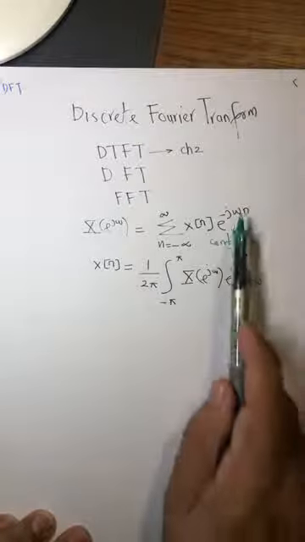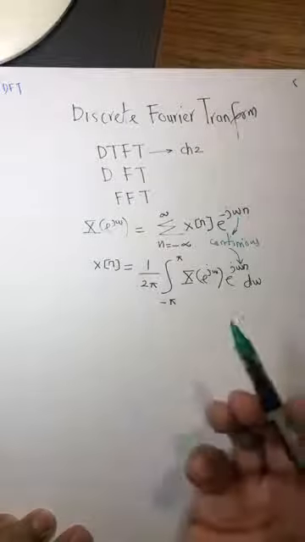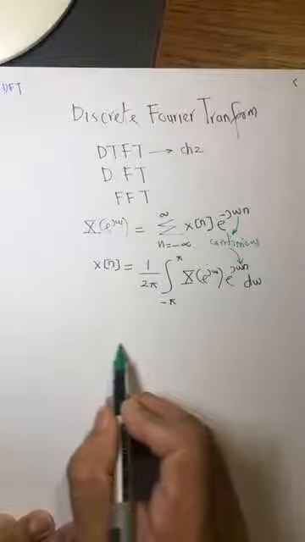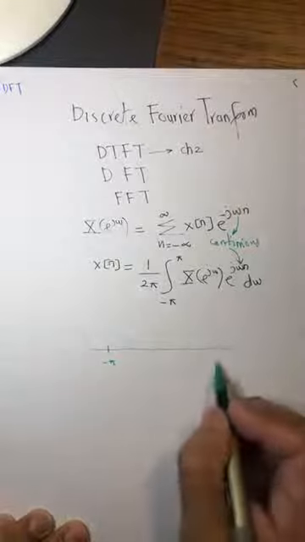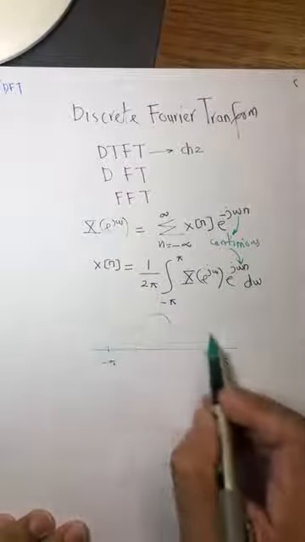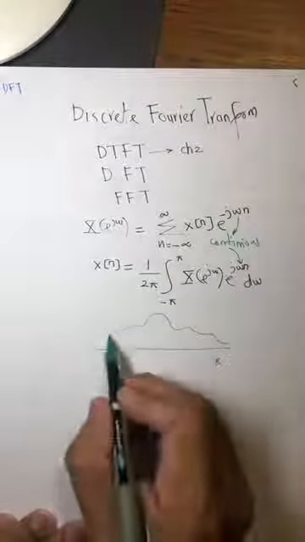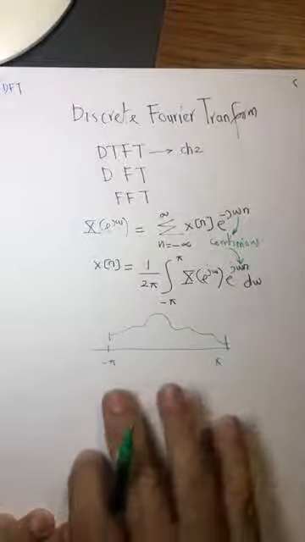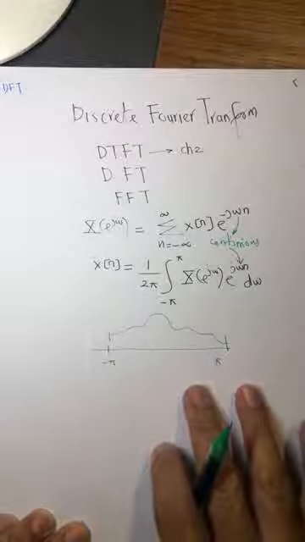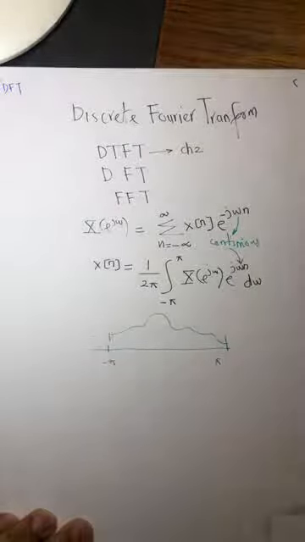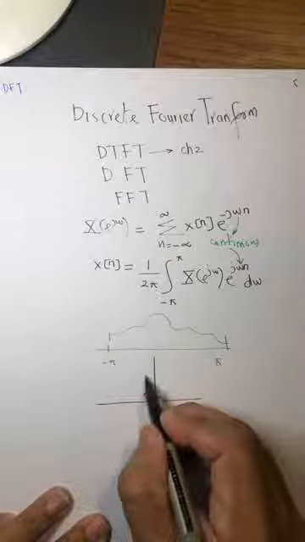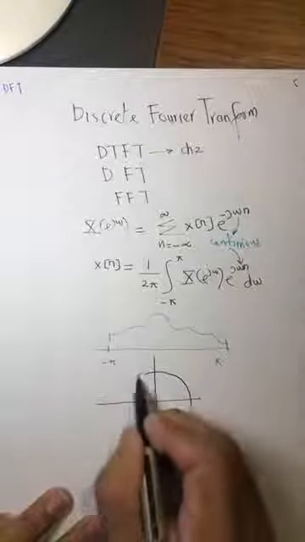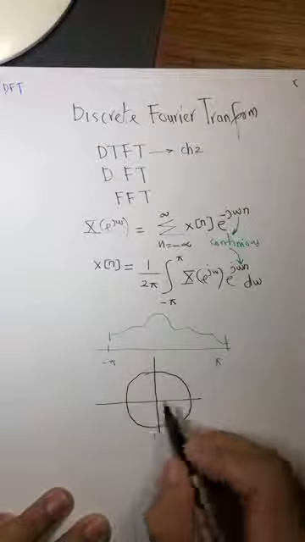So how can you discretize ω? It's simple, because ω is something that varies from minus π to π, we know. The Fourier transform is periodic over minus π to π. Or we know that the Fourier transform is the Z transform on the unit circle.